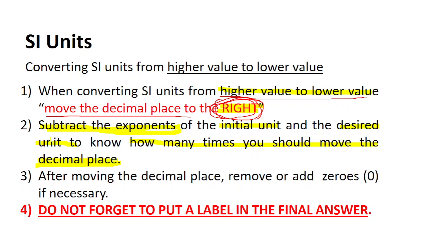So, para maaraman natin kung kapira kita kabeses ma-move, we will subtract the exponents of the initial unit and the desired unit. So, number 3, after moving the decimal point or decimal place, remove or add zeros if necessary. And number 4, always put the label class. So, do not forget to put the label. Kung ma-exam kita or ma-quiz, if wala as an label and final answer nyo, automatic mali na yun na siya class.